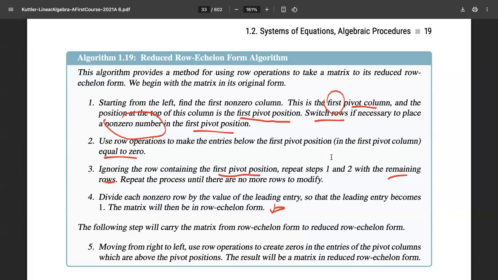We do not have to deal with the case below the pivot position because that's dealt with in step 2. And now the matrix will be in reduced row echelon form. So let's go through a bunch of examples, and then it'll seem clear.